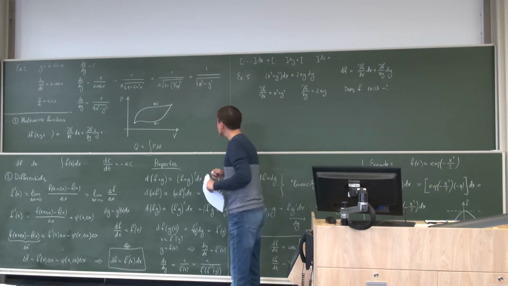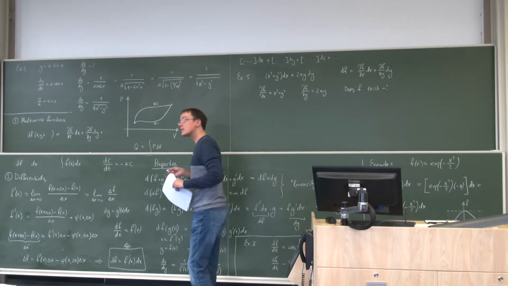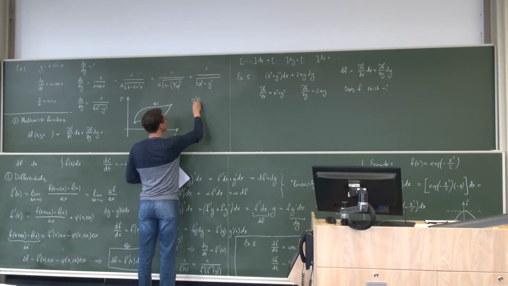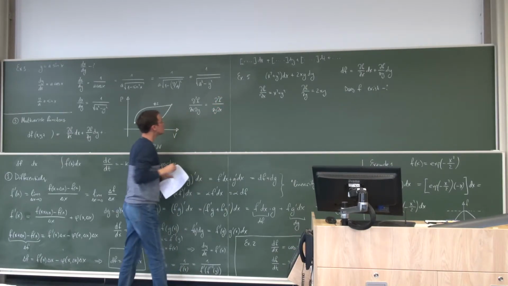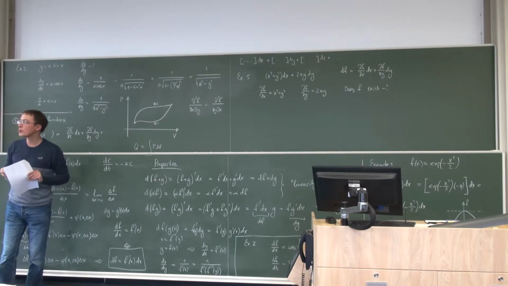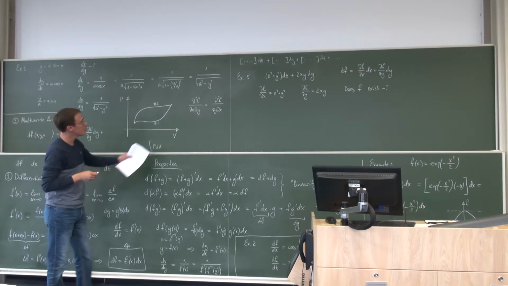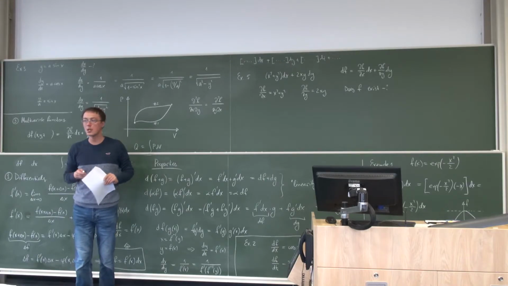If the function is well-behaved, polynomials and so on, then the mixed derivatives must be equal. So we must have d2f by dx dy equal to d2f by dy dx. Remember, you did a lot of such problems in the workshops, where you were asked to confirm that the mixed second derivatives do not depend on the order of differentiation.